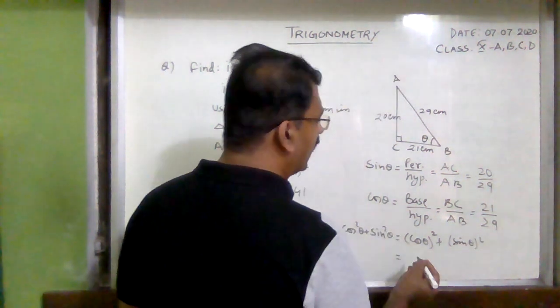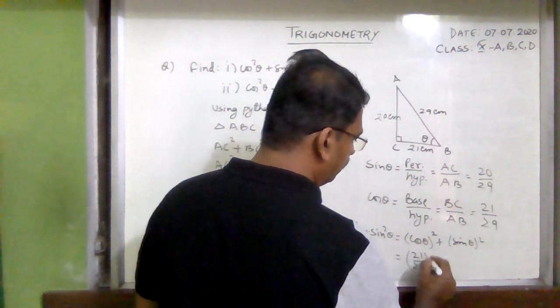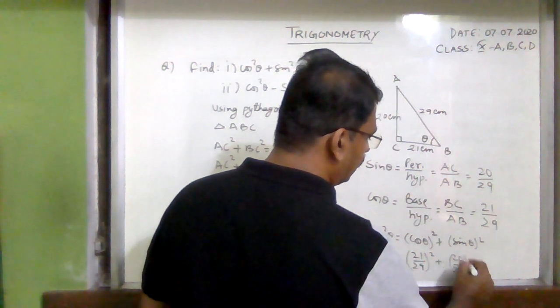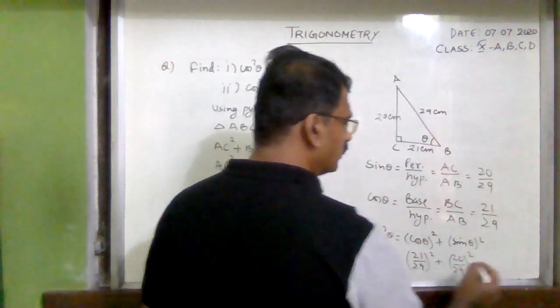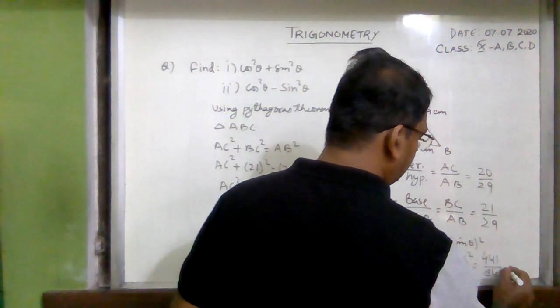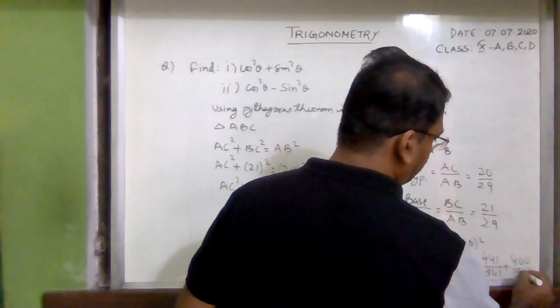Now cos square theta means 21 upon 29 square. And sine theta square means 20 upon 29 square. Now 21 square is 441 upon 29 square is 841 plus 20 square, 400, upon 841.